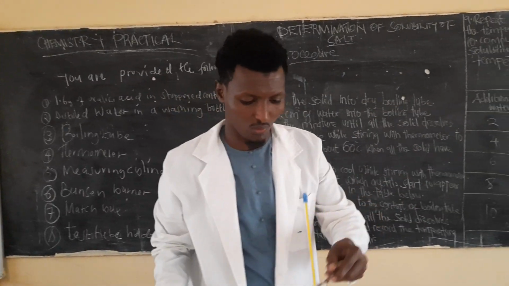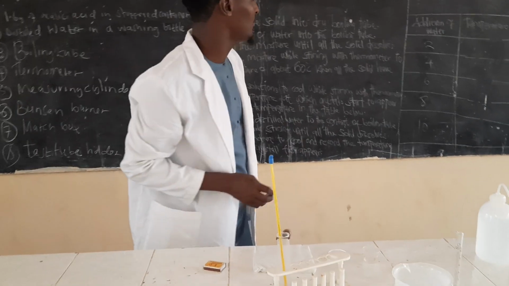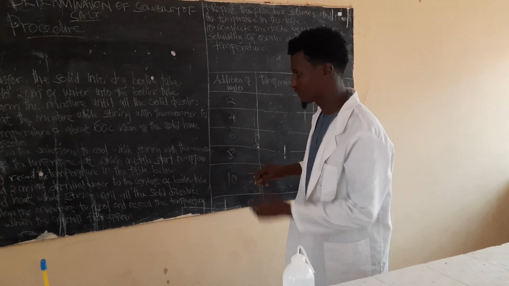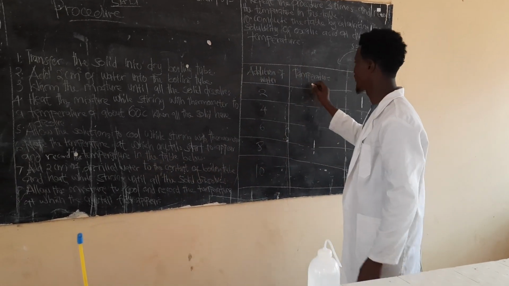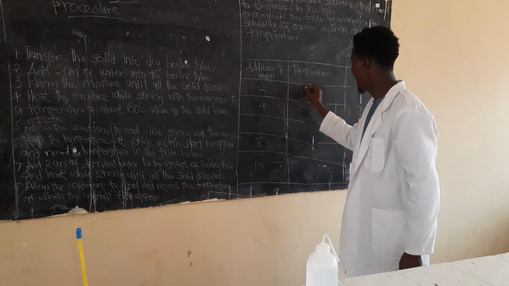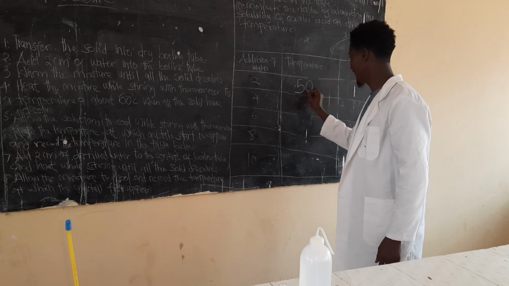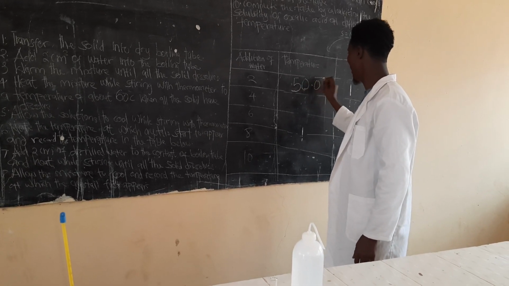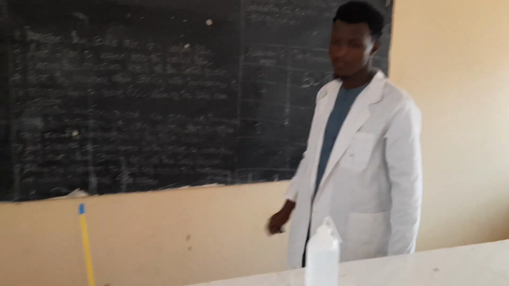So I'm going to write that in the table. The first one: 50.0 degrees Celsius. So I have made the first one.